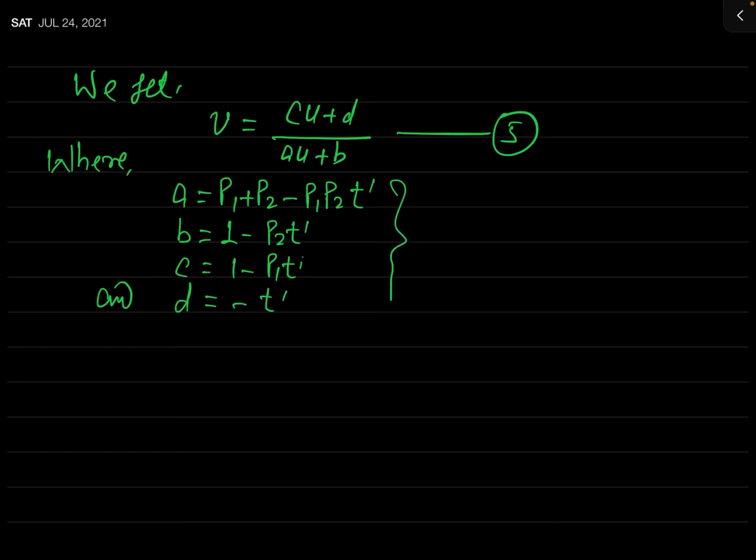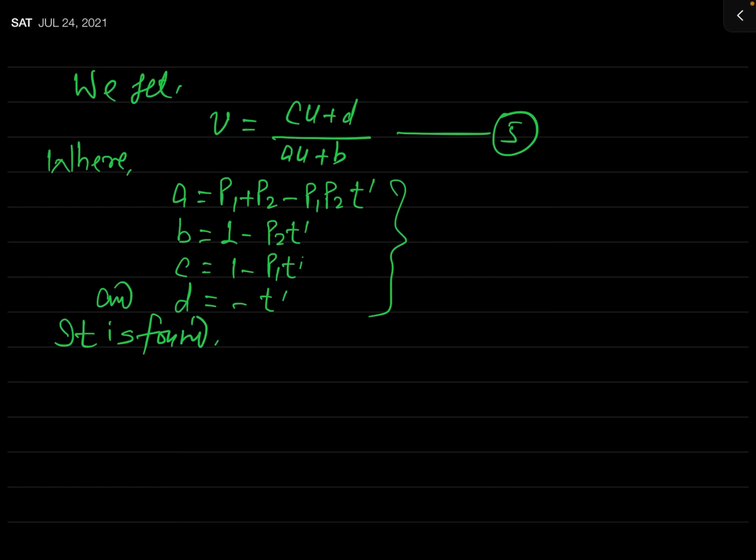And from these values of a, b, c, d, you can see a very important relation which will be used further to calculate different useful quantities, but you can check it.